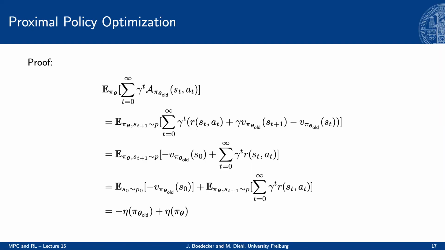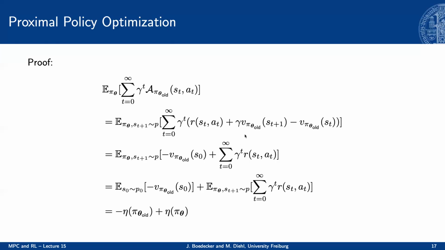And then you can write this advantage as, so this would be Q, right? The immediate reward plus the discounted state value for the next state, minus the state value for the current state. So that's the definition of the advantage up here. And then you have this infinite sum here, starting from 0 to infinity. What you can do is take this part and it just goes here, basically.